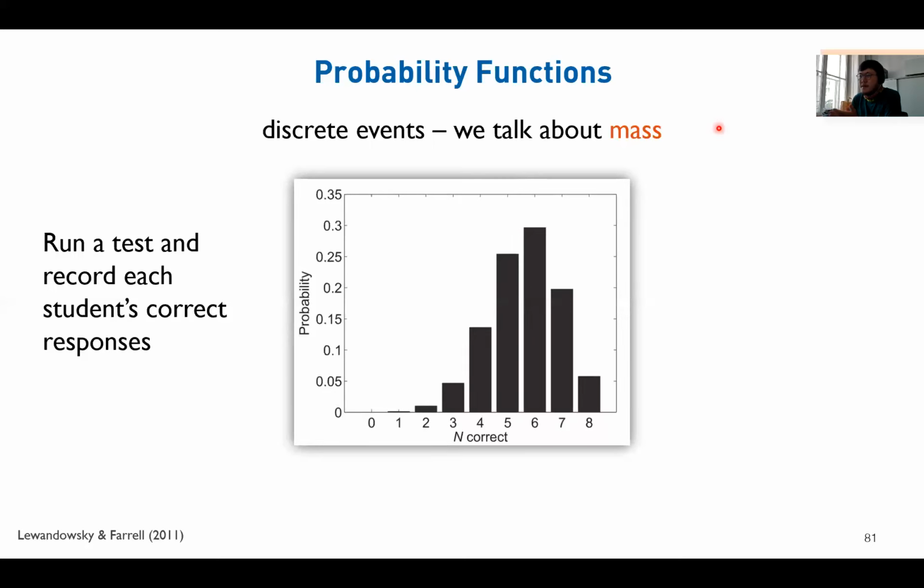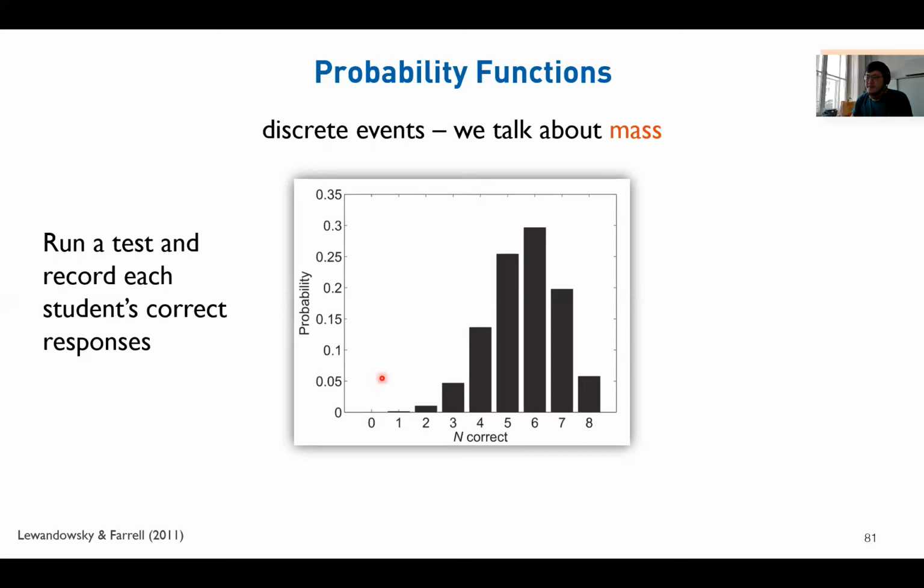So in this example, as shown here, assume there is a paper and pen test. And I give you 8 questions in total. And then you give some answers, multiple choice, for example. So there are only 9 possible outcomes.